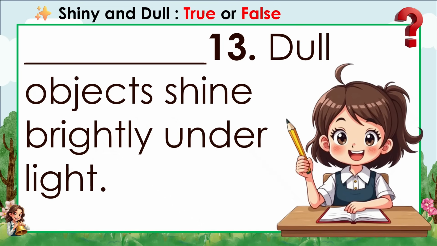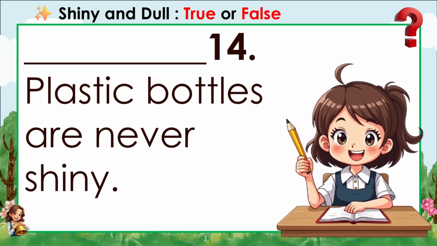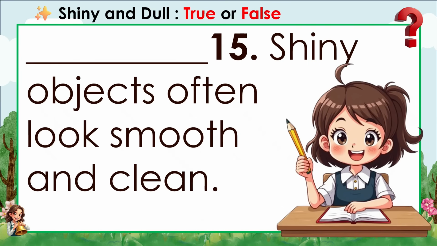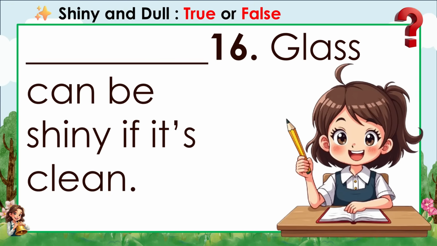Dull objects shine brightly under light. 14. Plastic bottles are never shiny. 15. Shiny objects often look smooth and clean. 16. Glass can be shiny if it's clean.